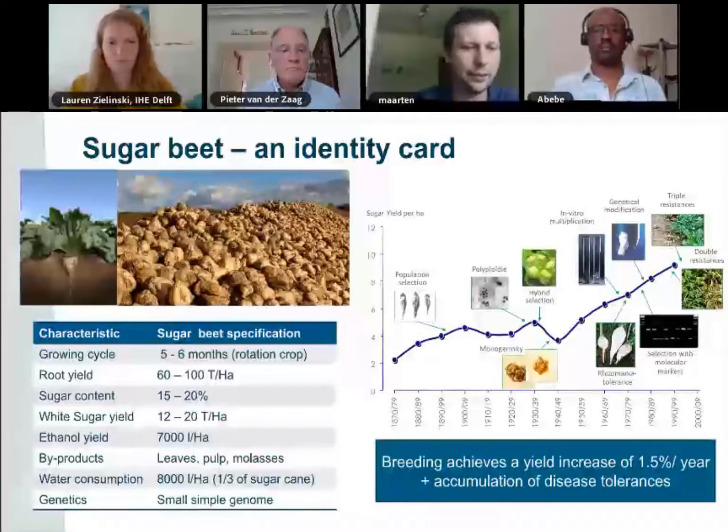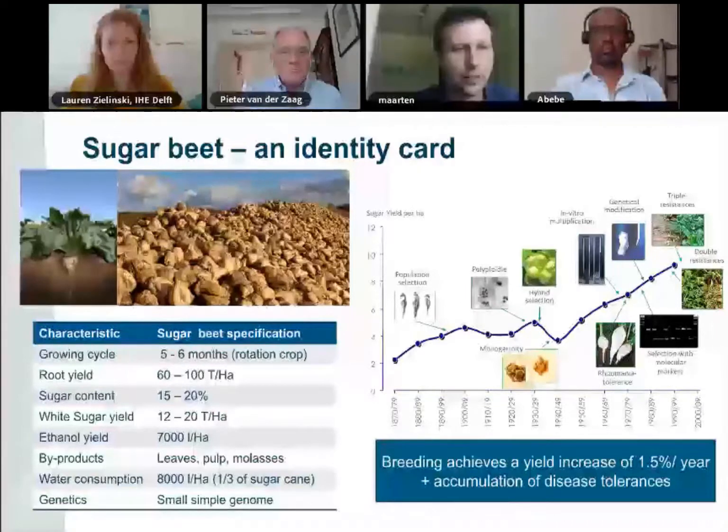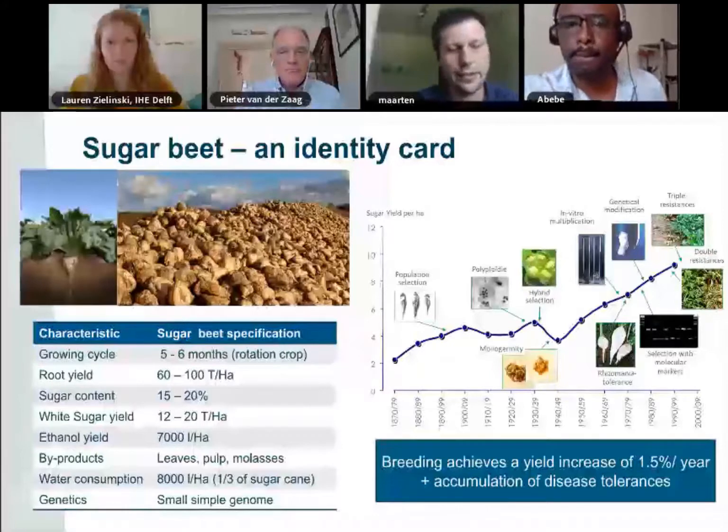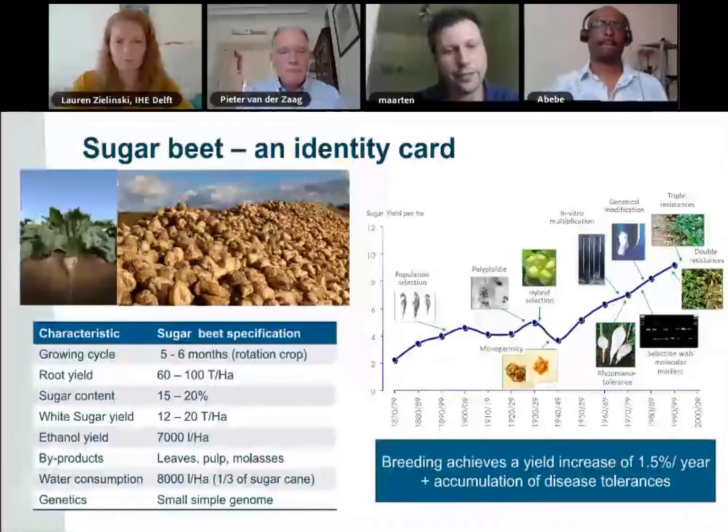And like mentioned in the video, I think a big difference or a big strength of our crop is the low water requirement. So even in tropical regions or in regions with very high irradiation, it never exceeds 8,000 liters per hectare. So on average, the water consumption is about 3 times lower than that of sugarcane.